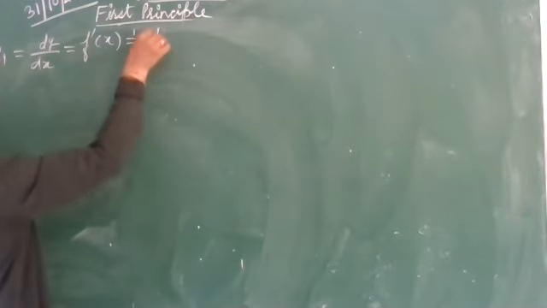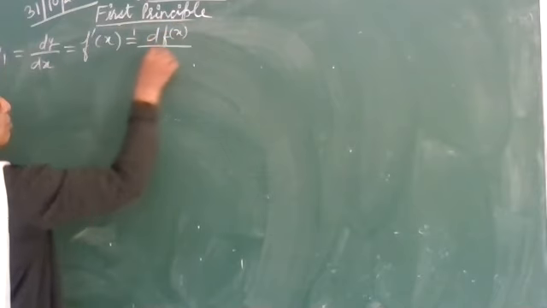We can write it as f dash x also, or we can denote the derivative as dy by dx also, right? Or you can also denote the derivative as y1 if we are doing the first derivative. This is in class 12, where we are taking higher order derivatives also, so dy by dx can also be written as y1, or y dash, or d of f(x) upon dx, right?